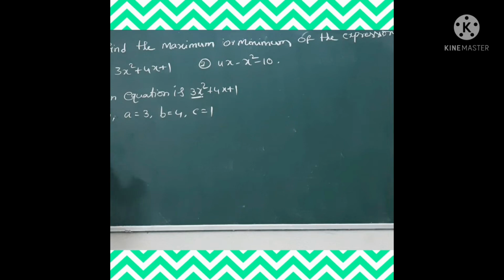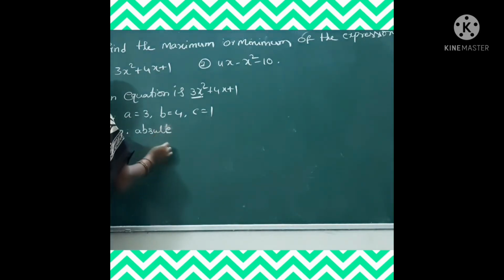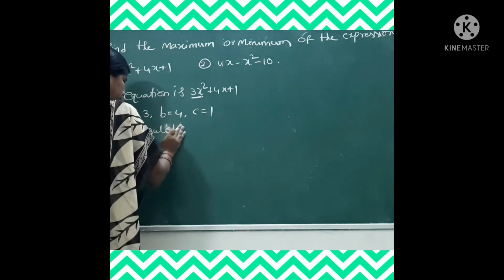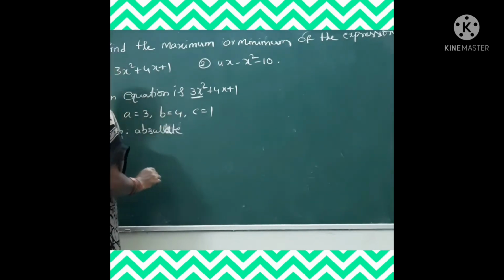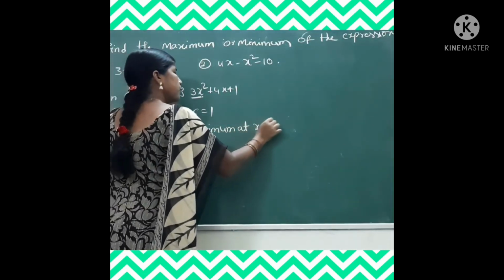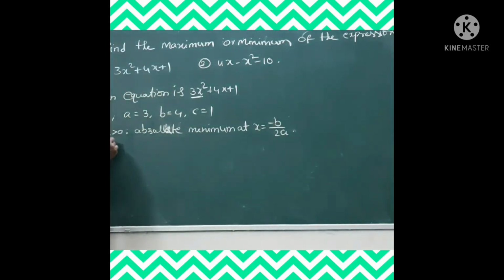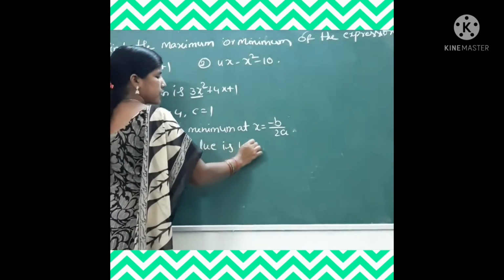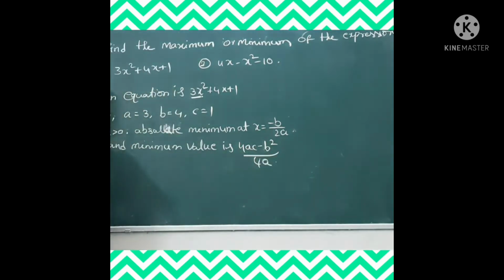Okay, what is the maximum? Here now a greater than 0, absolute minimum at x is equal to minus b by 2a, and the minimum value is 4ac minus b square by 4a. Okay, now substitute these values.